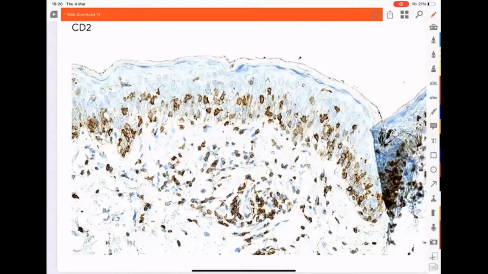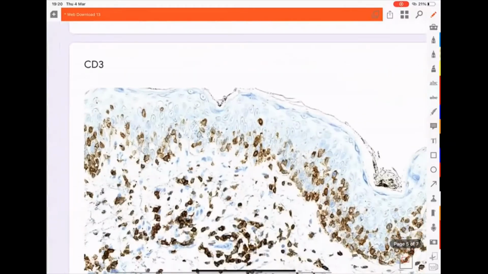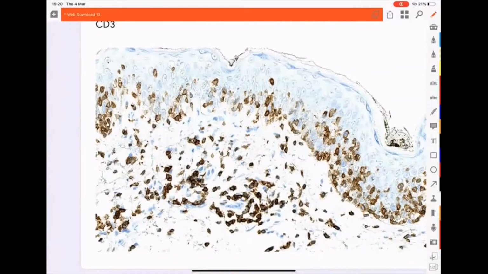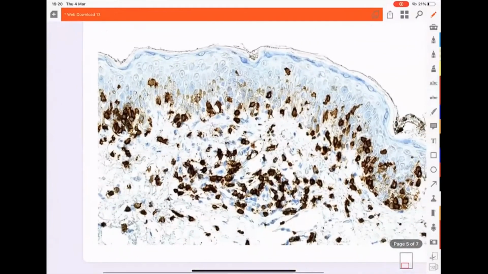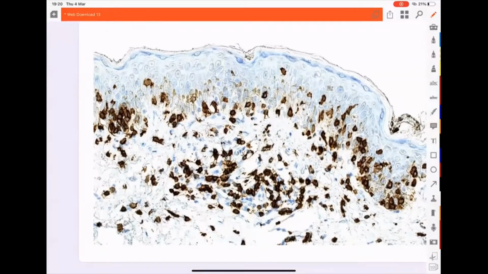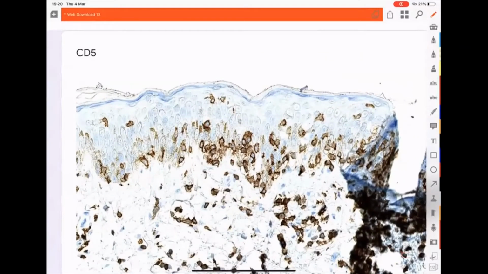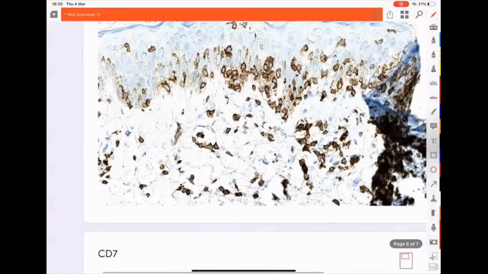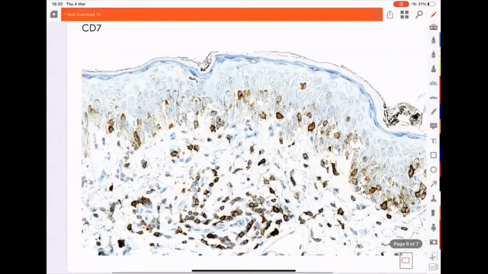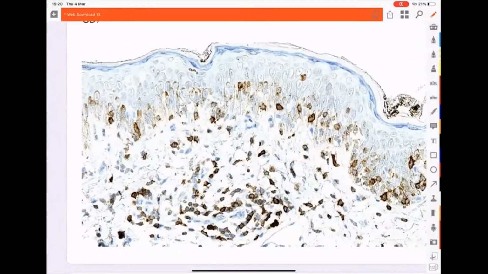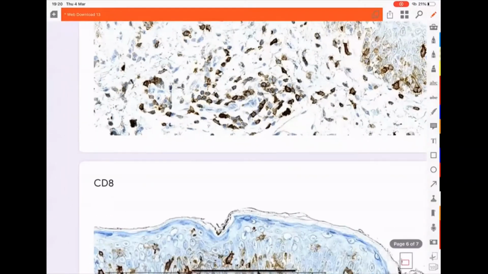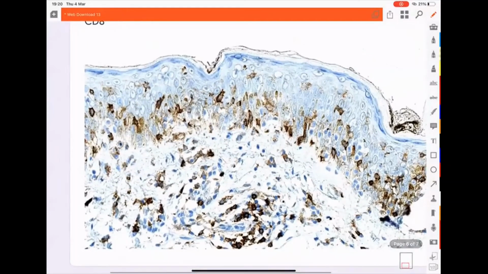So in this particular case, this was the CD2, okay? And this is the CD3, right? I'm just showing them to you quickly, and this is the CD4. This is your CD5. So when I show them to you today, you will not forget that panel now. And that's the CD7. Okay. CD8.